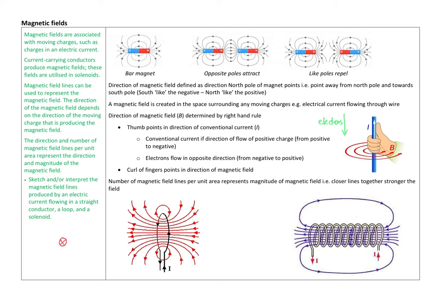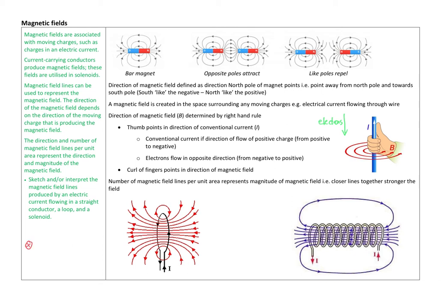That means the wire is going down into the page. Let's do 2 of these. So that would be a wire going down into the page.